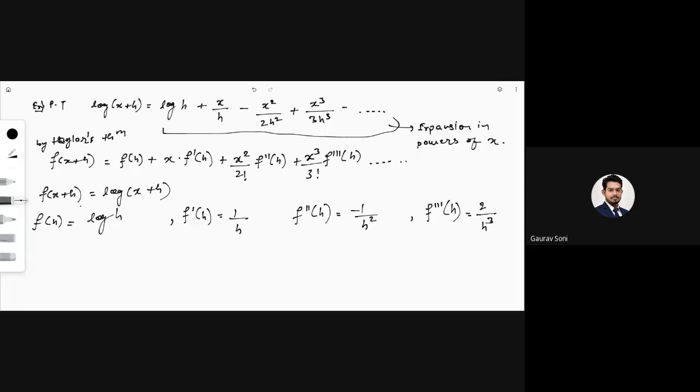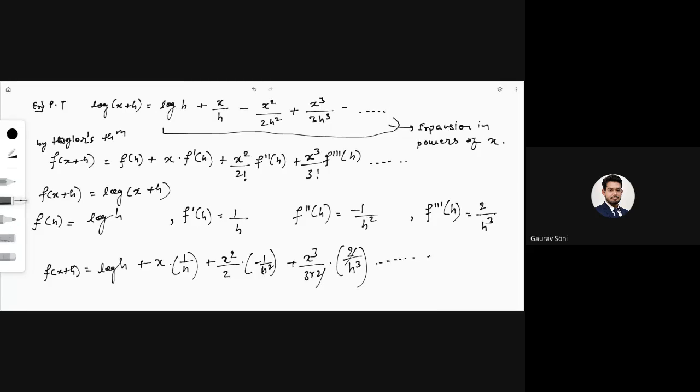Let's substitute this. So f of x plus h is equal to log h plus x into 1 by h plus x square by 2 factorial into minus 1 upon h square plus x cube by 3 factorial, which is 3 into 2, into third derivative 2 upon h cube. So this 2 and this 2 will get cancelled out, and so on. And we have got the required expression.